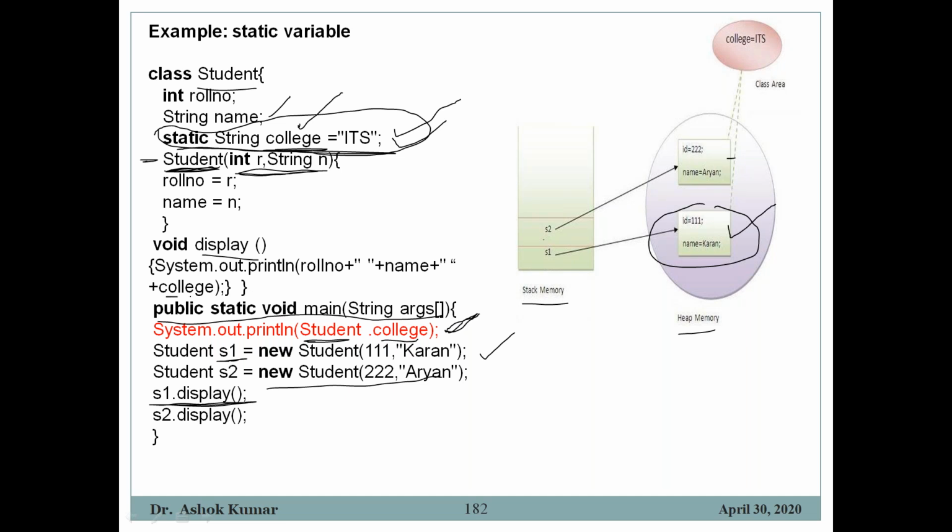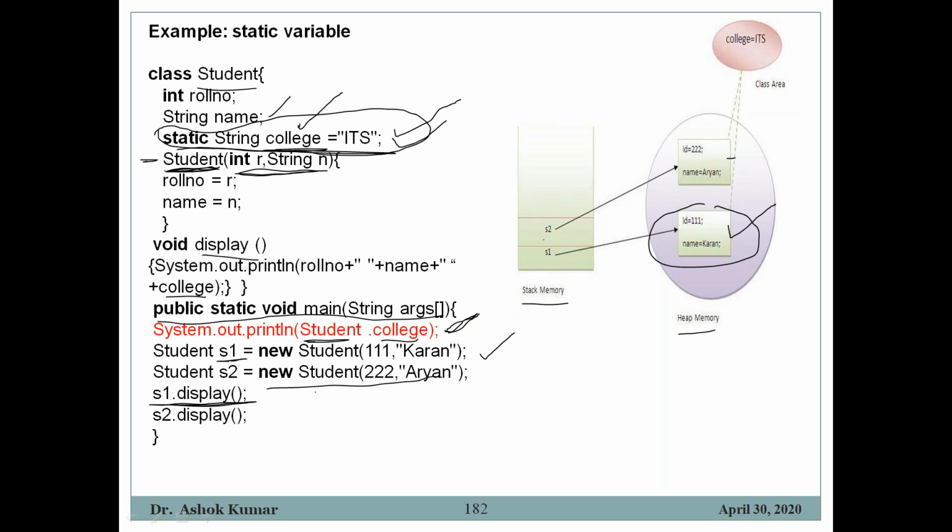Here college is static, still this method is able to access it, because a non-static method can access the static members of the class. But the reverse is not true. Static members of the class cannot access the non-static members.